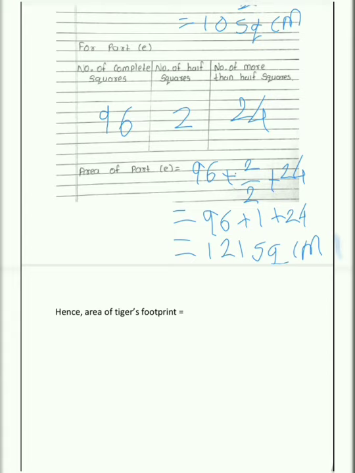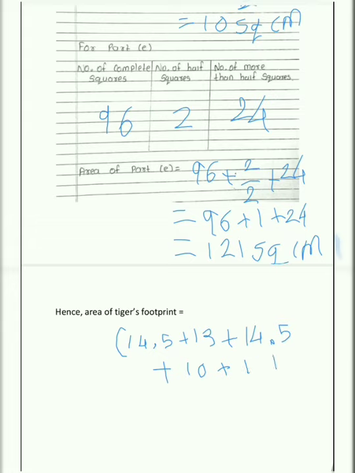Now the final area of the footprint. Hence the area of the footprint is equal to, we will add all 5 parts. Pay attention here. First one is 14.5 plus 13 plus 14.5 again, plus 10 plus 121.